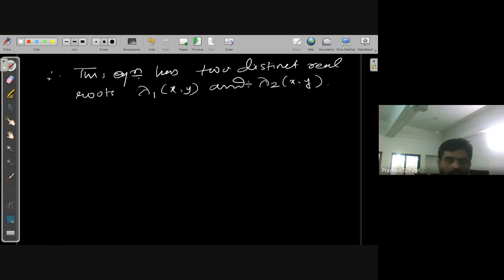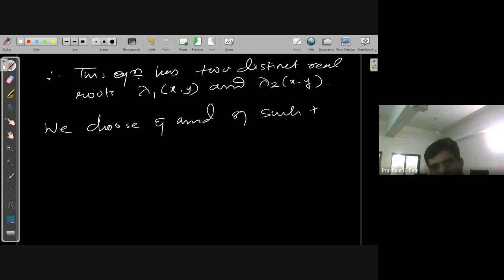Once we find this value of lambda 1, lambda 2, now we'll choose xi and eta such that, so how to find the value of xi and eta?